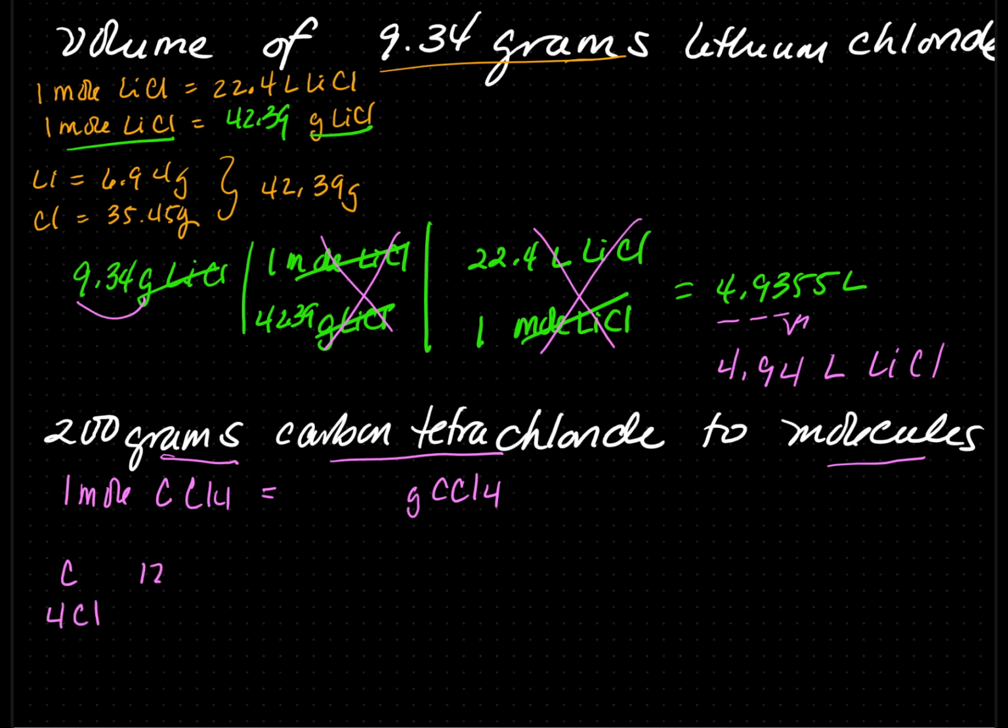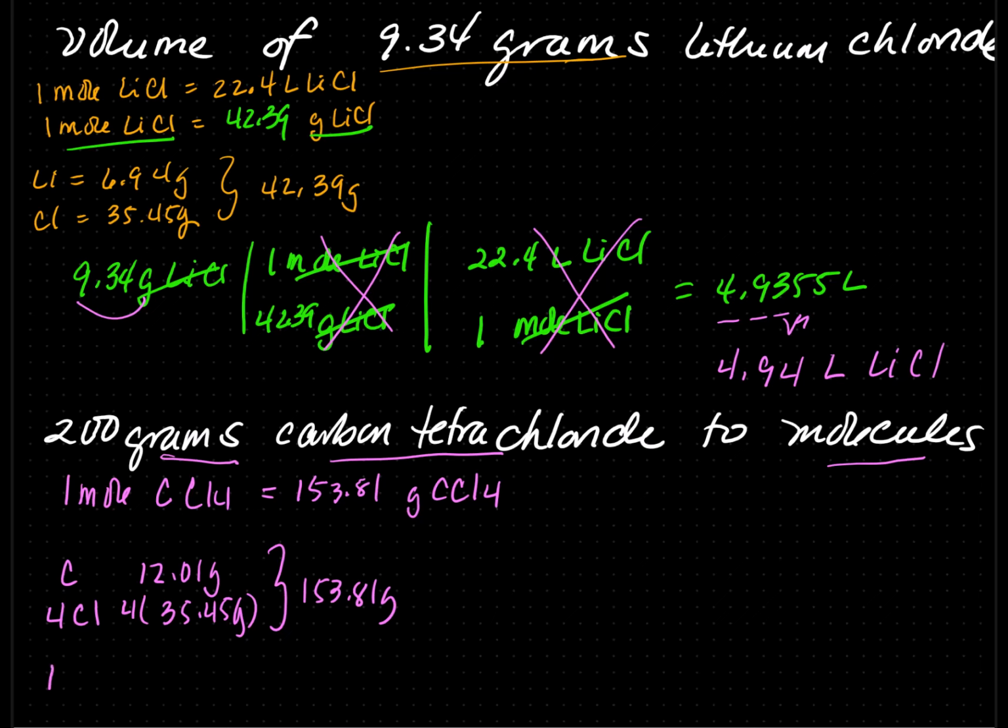Each carbon is 12.01 grams. There's 4 times 35.45 grams for each chlorine. It adds up to 153.81 grams. So the molar mass of 1 mole of carbon tetrachloride is 153.81 grams.